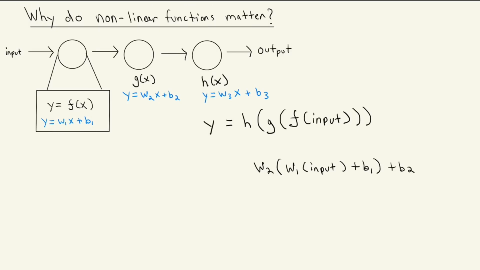And then that whole value is put into the third neuron, which is going to be W3 times that whole value plus B3. And this is going to be Y.